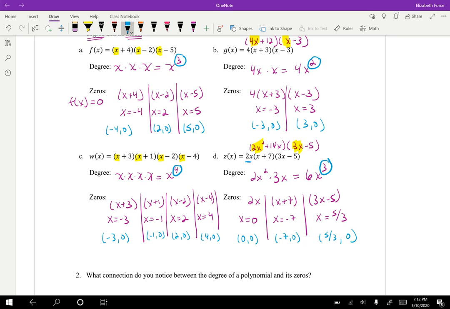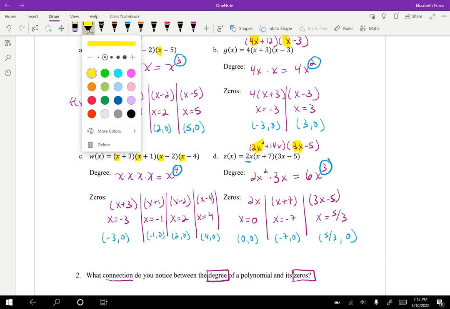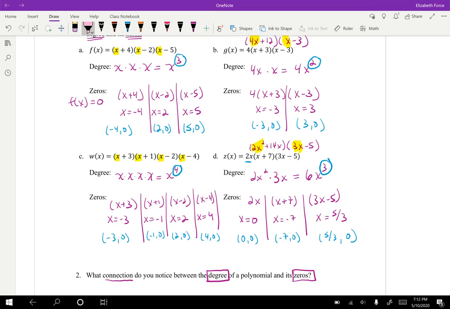So if you look at number 2, it's asking what connection do you notice between the degree and its zeros? This is important. I hope you guys picked up by now that if I have a third degree polynomial, for example in A and D, they're both third degree polynomials and they each have 1, 2, 3 zeros.